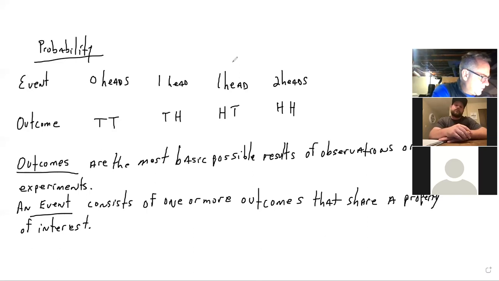Okay, so now if I take a coin and I flip it, and I assume it's fair, meaning it's not weighted in any way, it's equally likely that it lands heads or it lands tails.